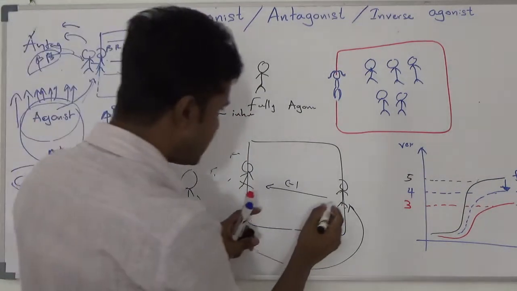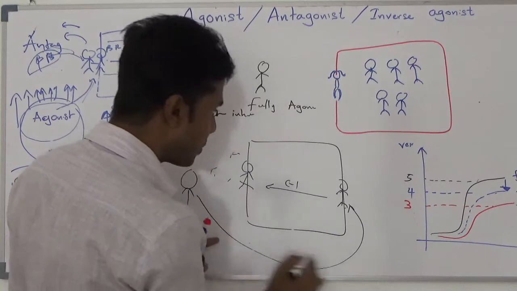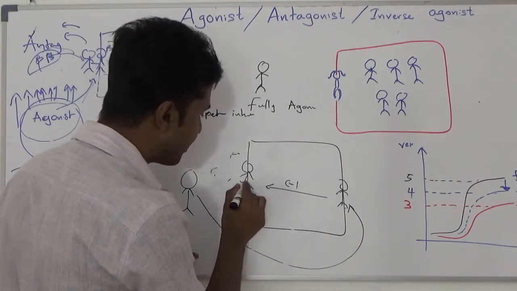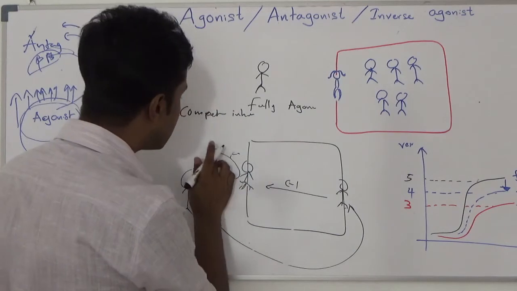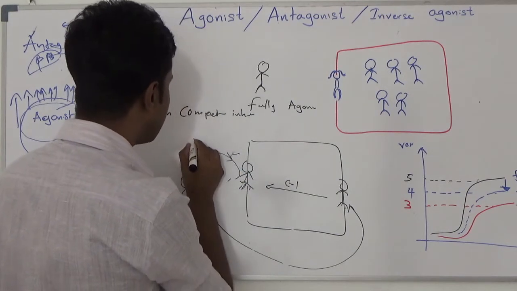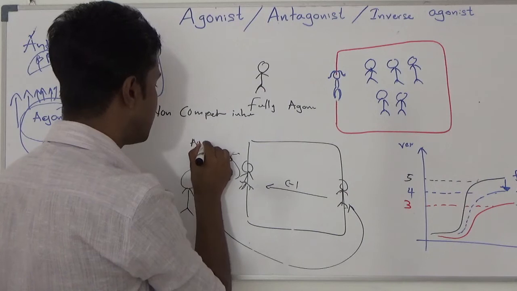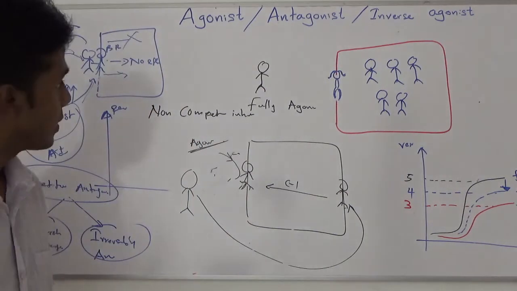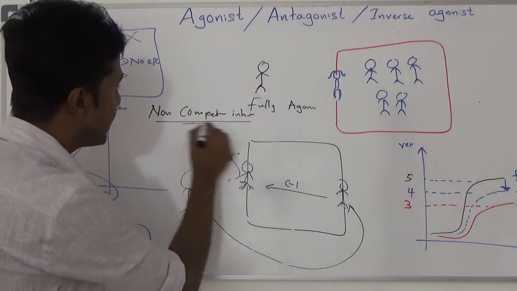Usually this guy goes and binds here and modulates the receptor in such a way that they do not accept endogenous agonist. This one is called non-competitive antagonism.